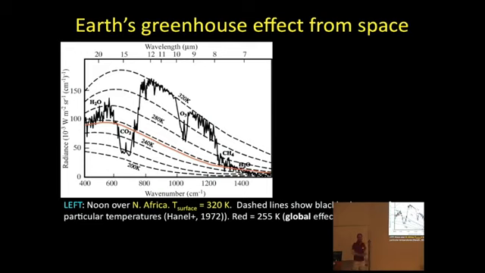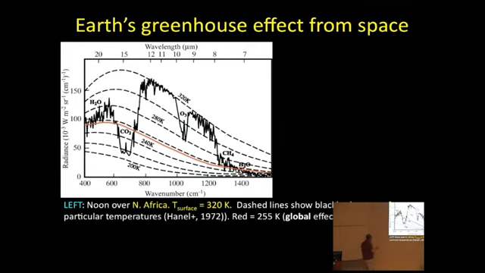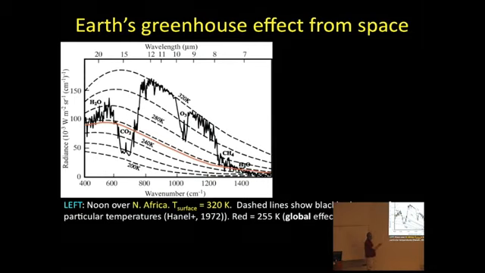And those bites out of a smooth curve mean that something has to move up to compensate, which is really the greenhouse effect. So here we're seeing in this window a 320 Kelvin surface. The photons at this wavelength are going from the surface of the planet through basically an optically thin region of the spectrum, and we can see the surface directly.